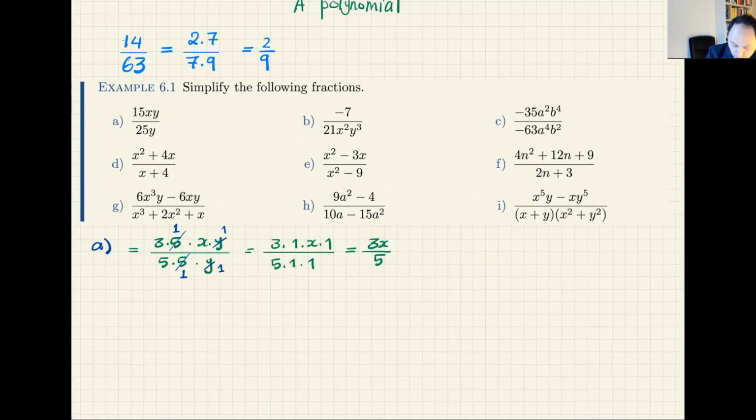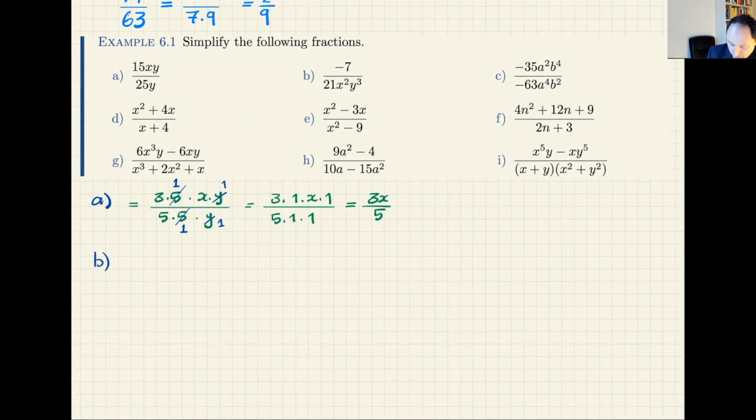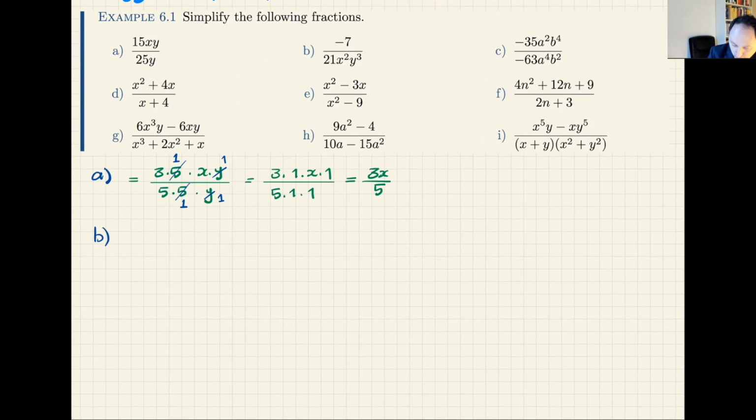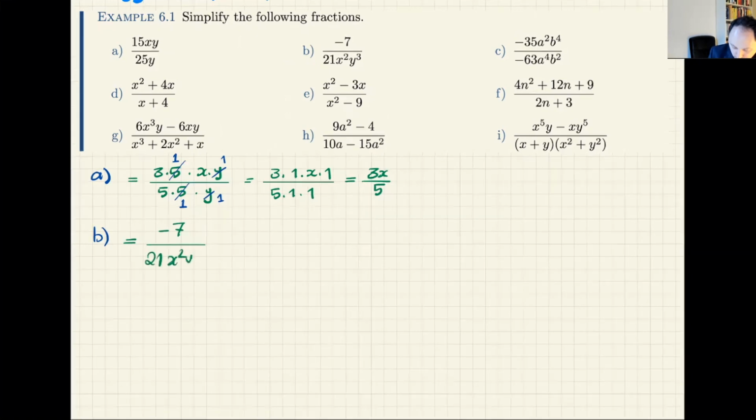Okay, so let us do number B very quickly because it's very simple. So part B. So let me write them below each other. This might be better. Anyway, I will not be able to fit everything here. So part B. So what should I write? I would write this is equal to, let me write this here, 7 over 21 x squared y to the 3.